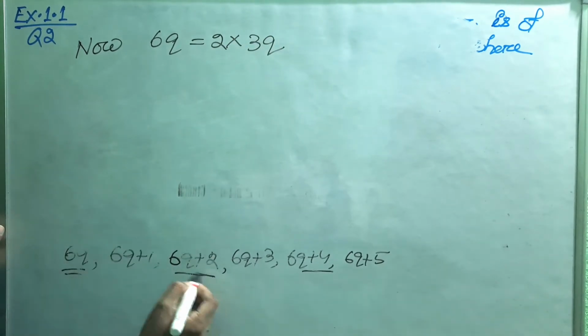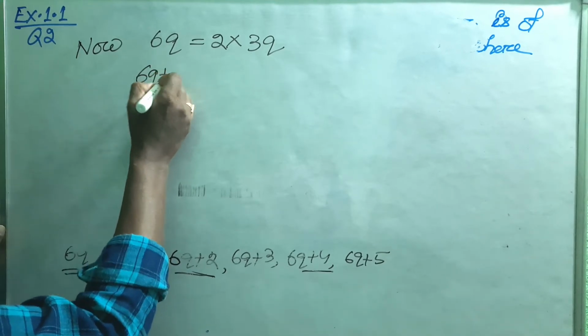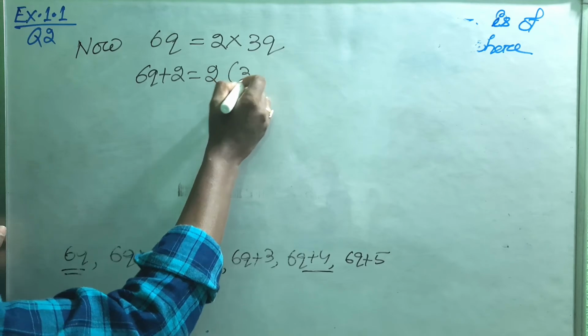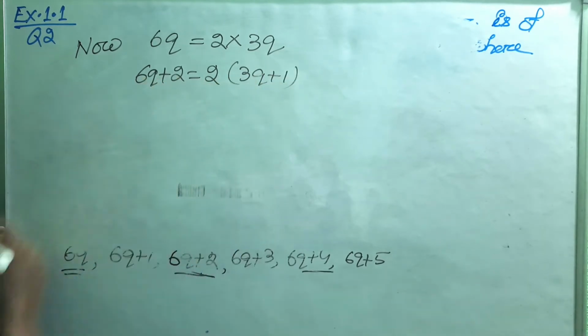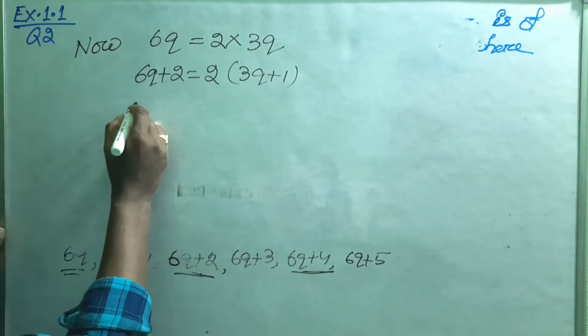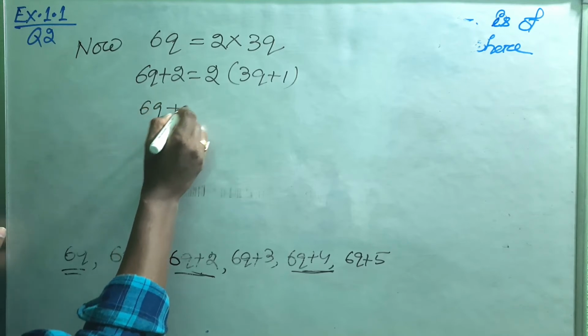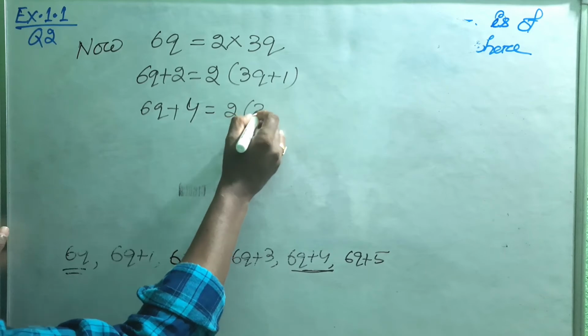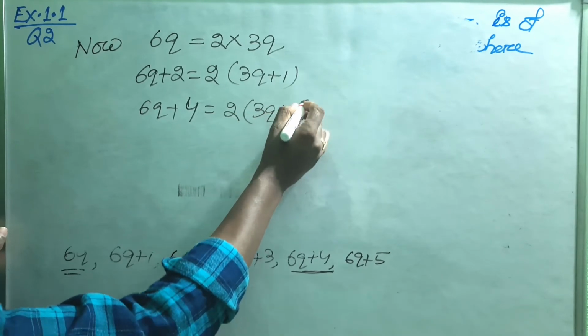Then this second case, 6q plus 2, can also be written as 2 into 3q plus 1. It will take 2 common. Then in the third case, 6q plus 4 is given, so it will take 2 common. Then it becomes 3q plus 2.